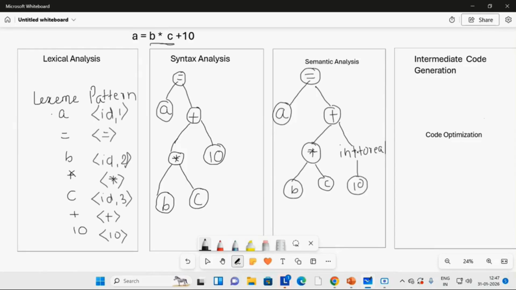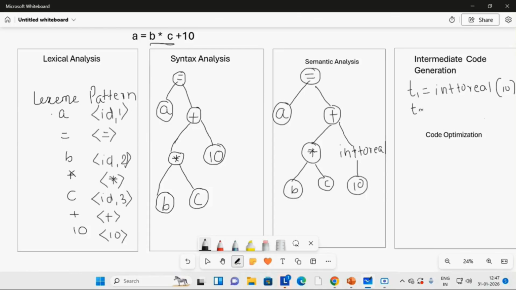Now we start creating intermediate code. What you have to do is convert int to real first, because when I traverse my tree, I observe that the last node is int to real. So the intermediate code will be t1 is equal to int to real, and in brackets I will write 10.